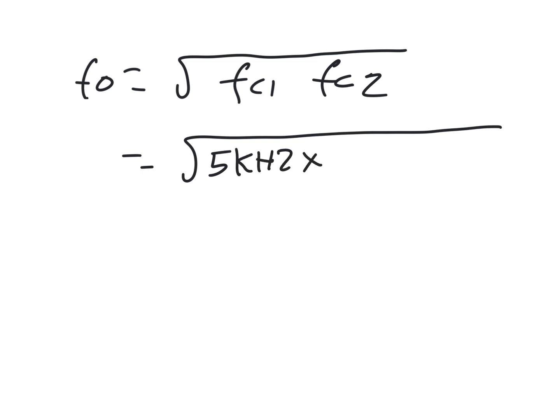Again, you don't have to put the kilohertz in the calculation. Just do 5 times 30 square root. You're going to get your answer in kilohertz anyway. Okay, so basically the square root of 150 goes 12.25.